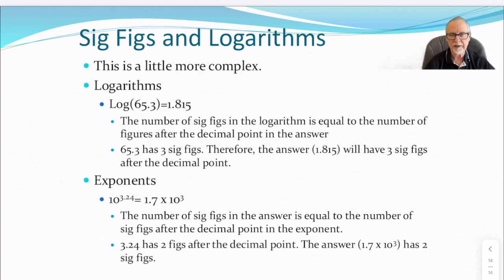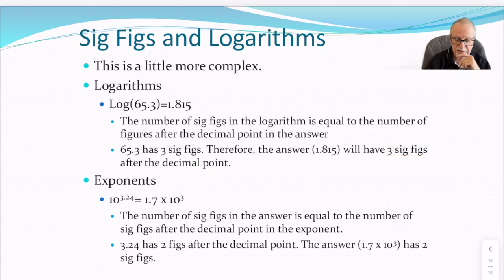We already talked a little bit about exponents and scientific notation, but in this situation, for example, if I'm taking a logarithm, whether it's a natural log or a base 10 log, it doesn't really matter. In the case of taking a log, since I've got 3 sig figs in the log, in our final answer, we're going to have 3 sig figs after the decimal point.